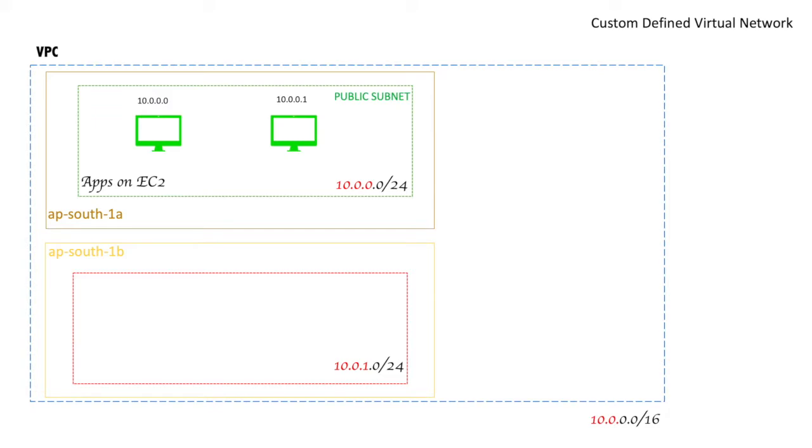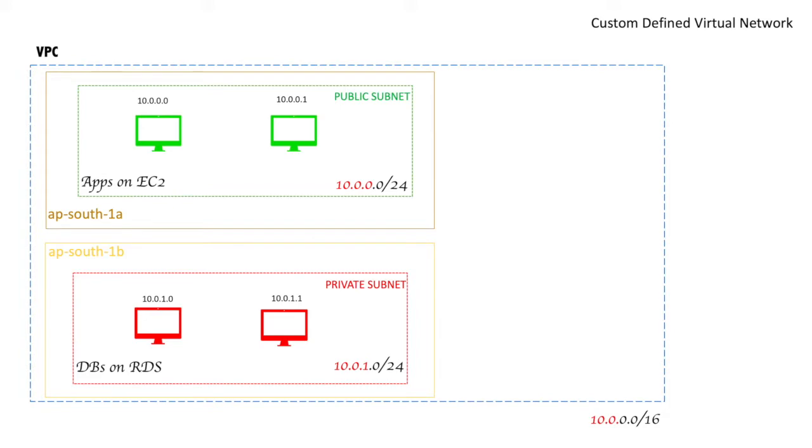What do I mean by public subnet? If a subnet is reachable by the world outside, then it is called a public subnet. If it is not reachable, it is called a private subnet. So in public subnet, we would like to keep the EC2 instances on which our application, like a web application, is installed. Obviously you would want to directly access this web application, right?